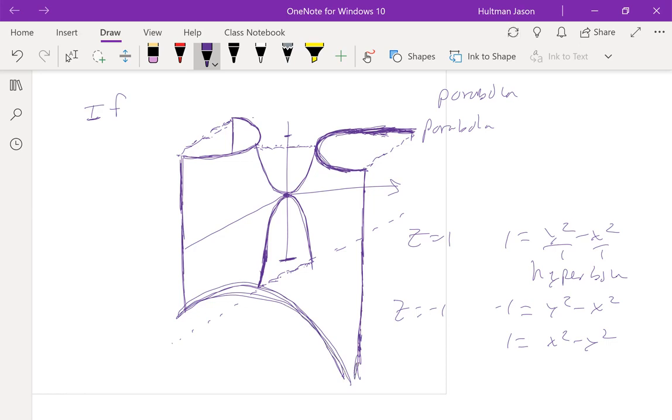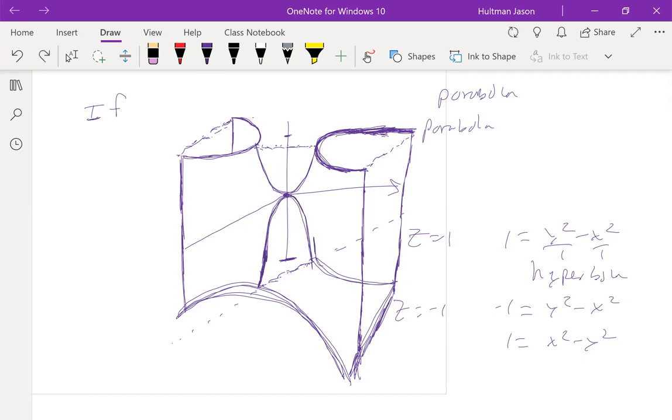Then this guy comes down, and this guy is going to meet this guy. And like so. I didn't want to do that.